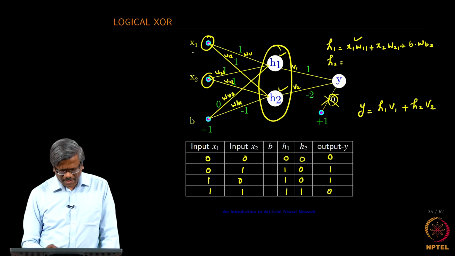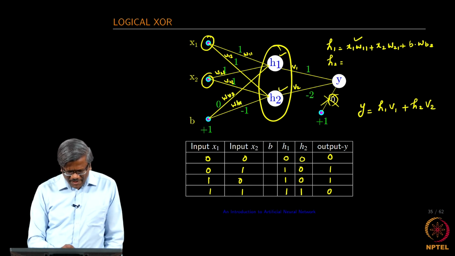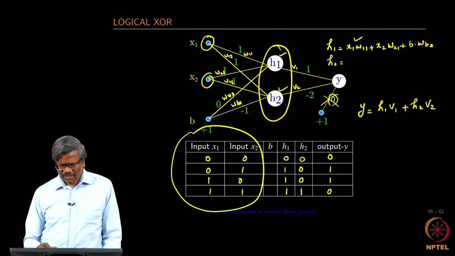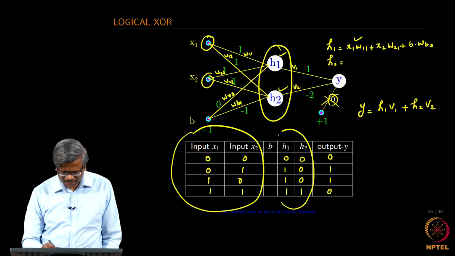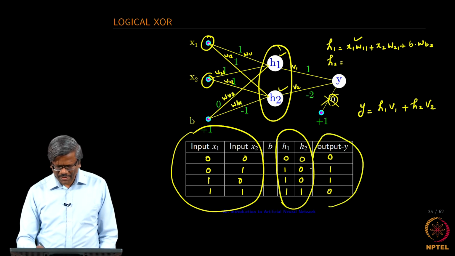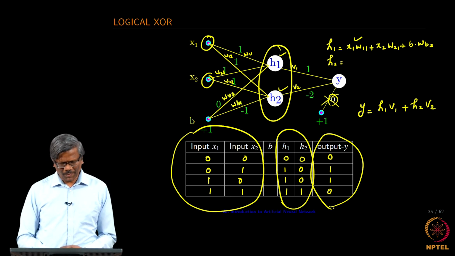Notice that in this case there is an input space and there is a hidden space, and this is the output that you are computing, and then it is also the expected output, right.